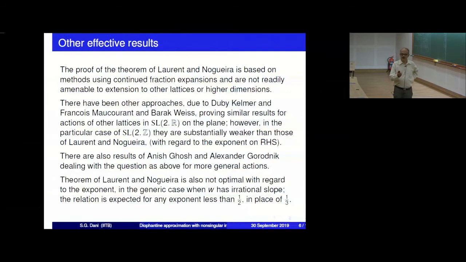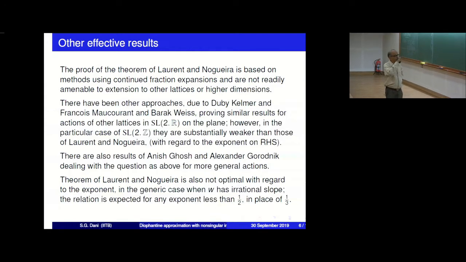You can ask how large the gamma is required to be to attain a certain degree of approximation, in the general case of lattices in SL2R. However, if you apply those results to the particular case of SL2Z, they're substantially weaker than what you have from Laurent and Nogueira.